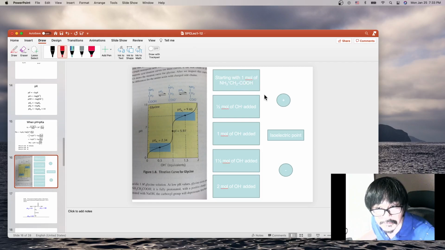So you can probably figure out exactly where these things are. Starting with one more of the NH3C2COOH, where is this thing actually?